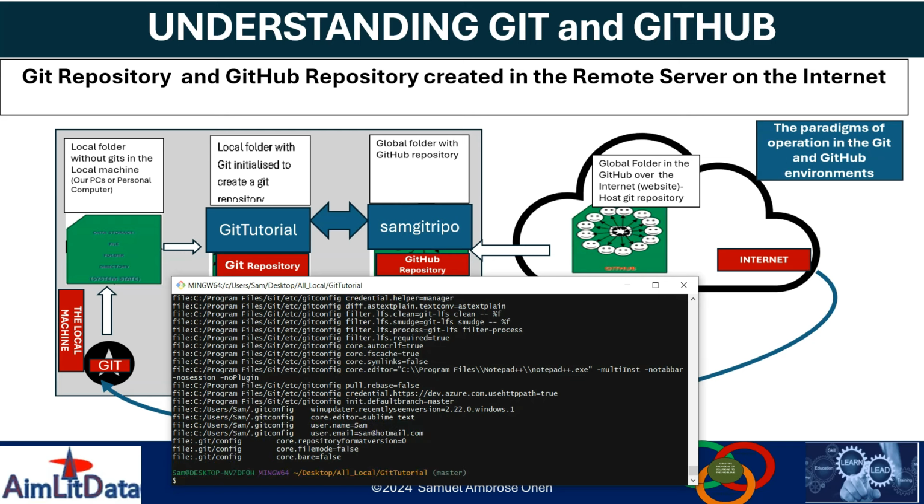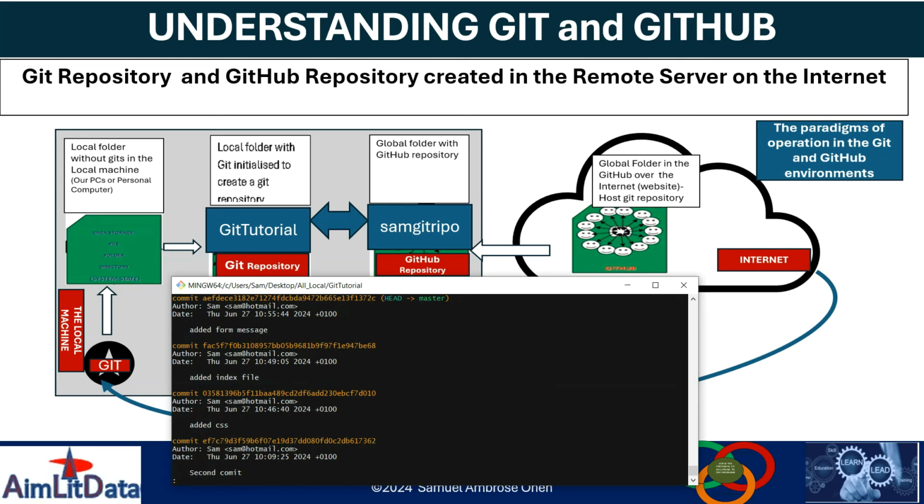So when you run git log, you see SAM is there. That is set at the global level, SAM and the email address. And then these hash messages, the ID for the commit is generated by the system, including the date and time plus the year. And then your message is always put there.